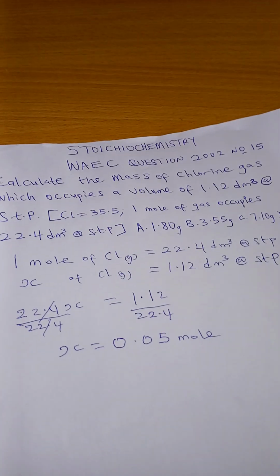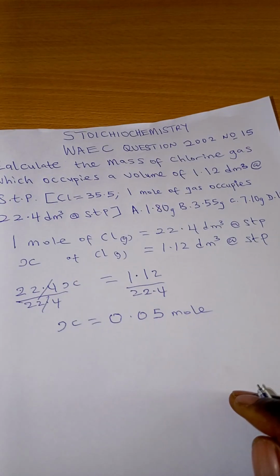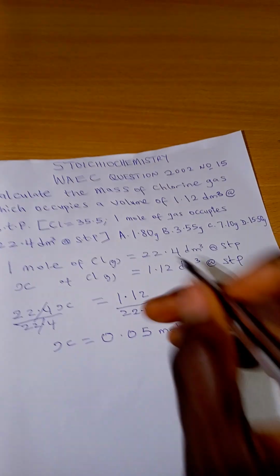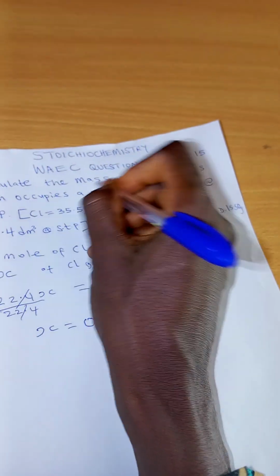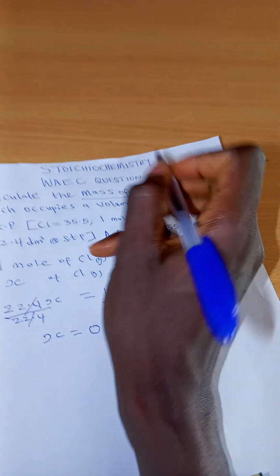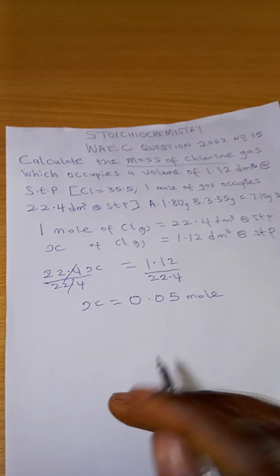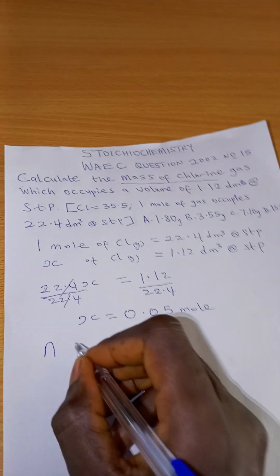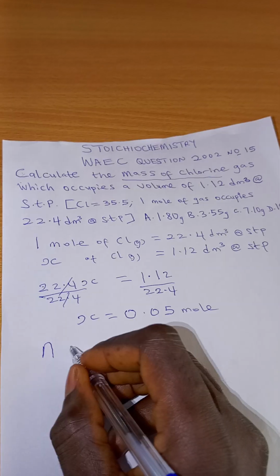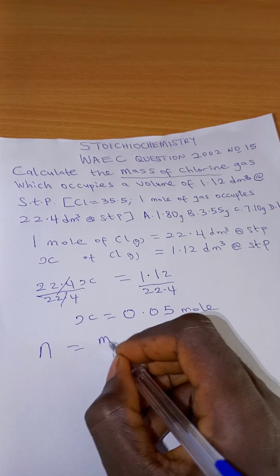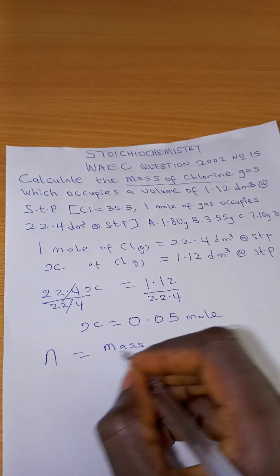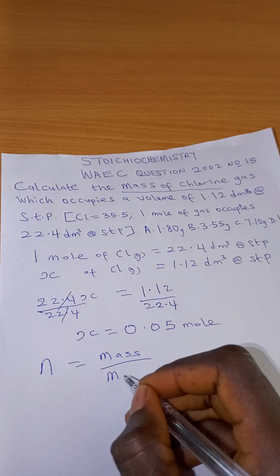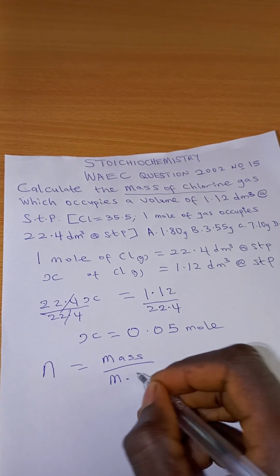Now to move further, the question says calculate the mass. So we are actually looking for the mass of chlorine. Now there's a very common, constant formula: amount in mole, that is n. N represents amount in mole, equals mass over molar mass.